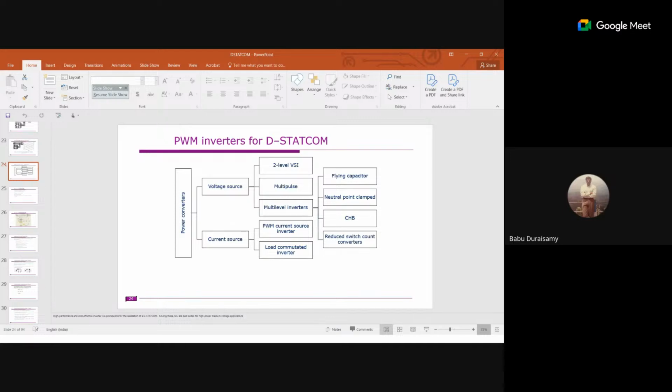Because the compensation should be done at exactly the same instant, there should not be any time delay. If there is a delay, then injecting the signal will create another kind of harmonics, isn't it, sir? The point is that the maximum delay is in the order of less than 1 microsecond, so the performance will not be impacted much. Okay, sir. Thank you.